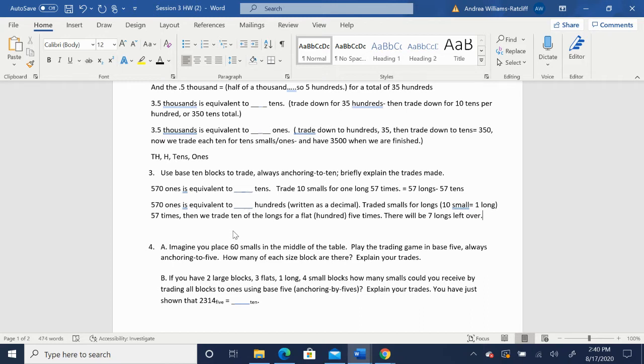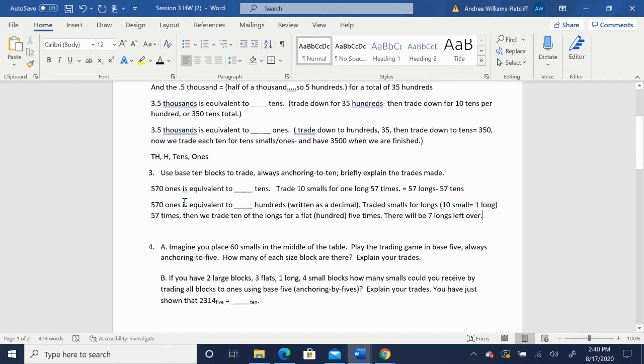Okay, now how would we show that as a decimal? Obviously, I'm moving up 2 decimal places. I'm trading up to tens and then I'm trading up to ones. So essentially, I should be moving my decimal 2 places, 2 trades up. So now this should be 5.7 if I'm just using the shortcut.